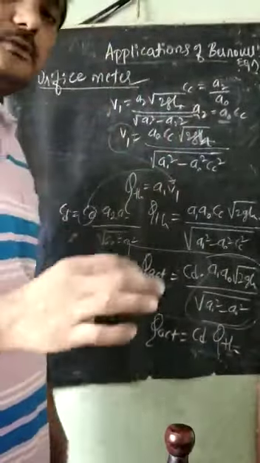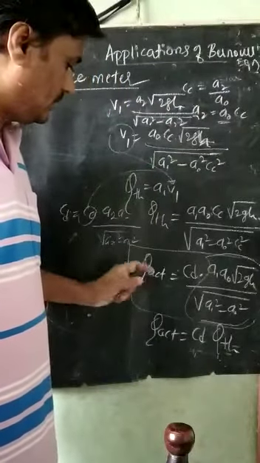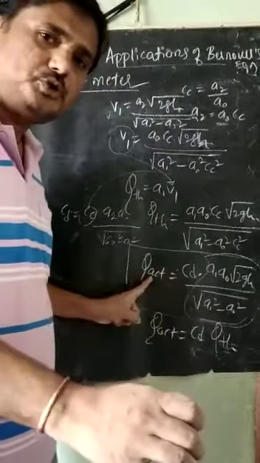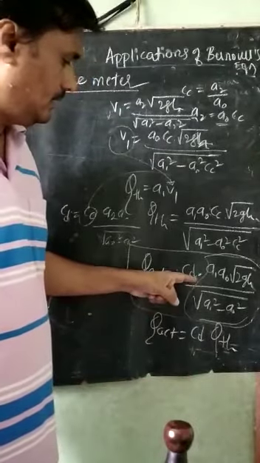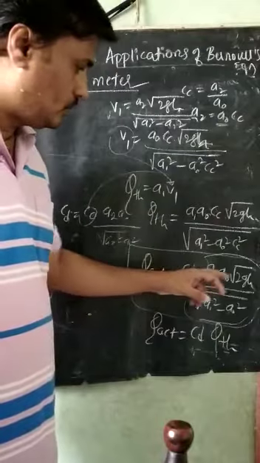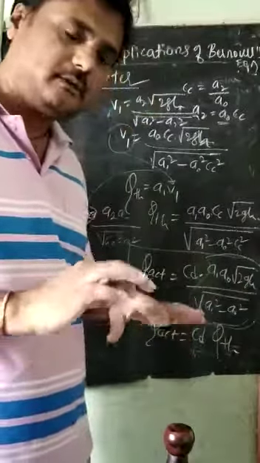Compare this with the venturimeter. How is this comparing? Q actual is also the same in the case of the venturimeter, and the CD is also the same. Under square root of 2gh is also the same.